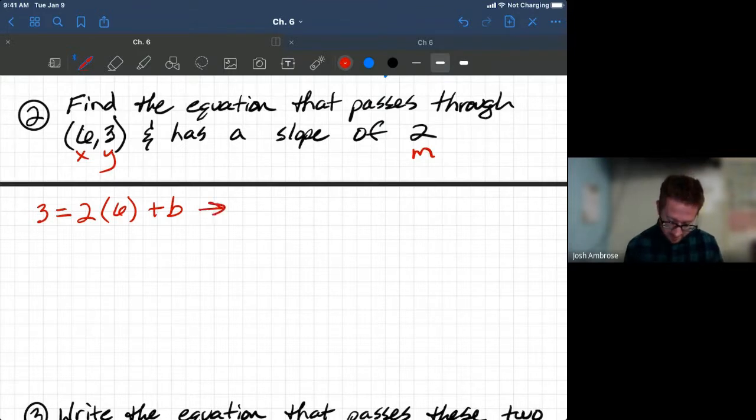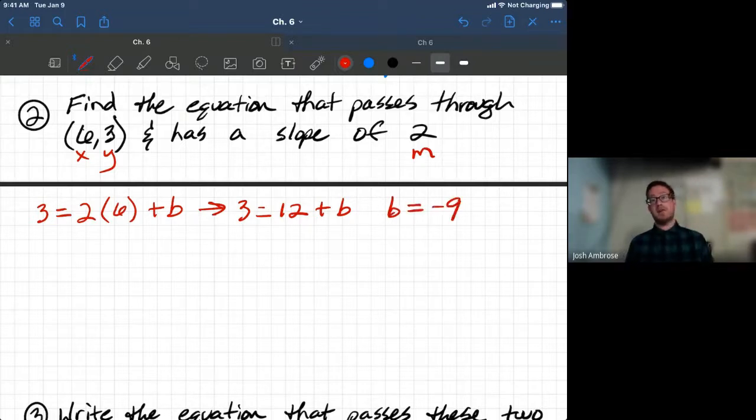So let's move that over. We're now having 3 equals 12 plus b. That means that b equals -9. So once we have b, now we need to set the equation up. y equals mx plus b.